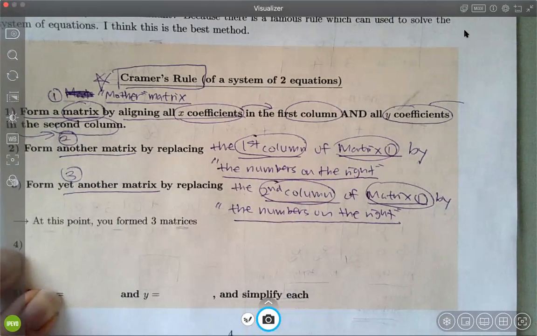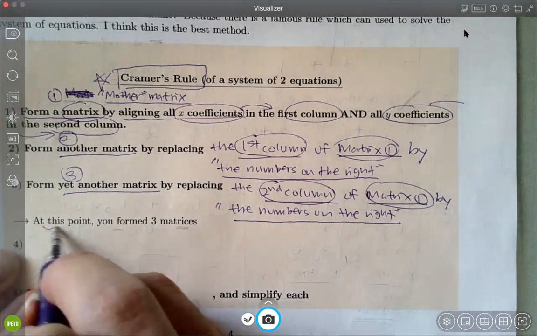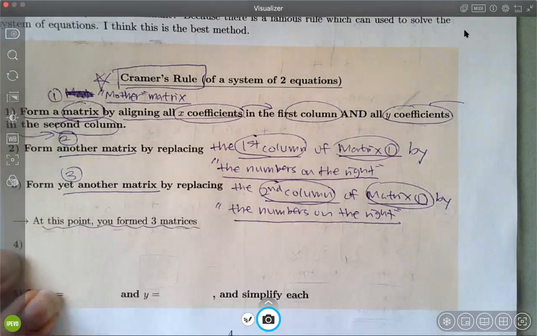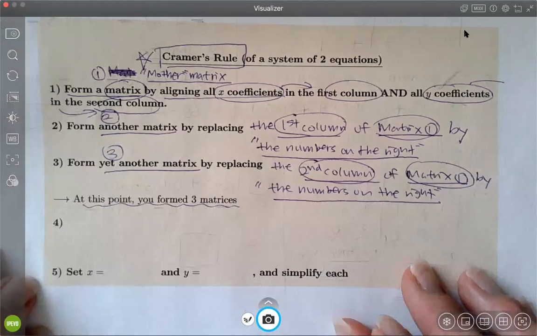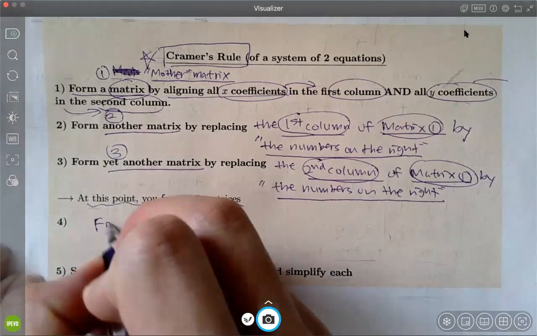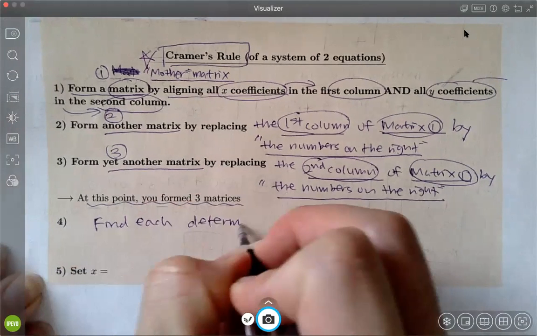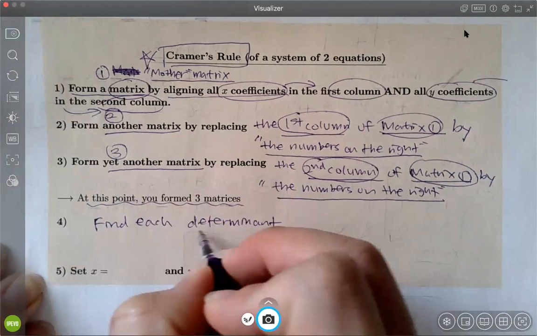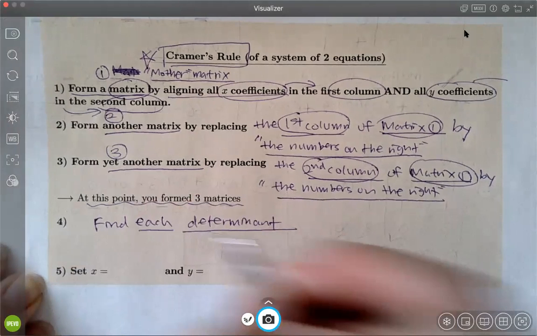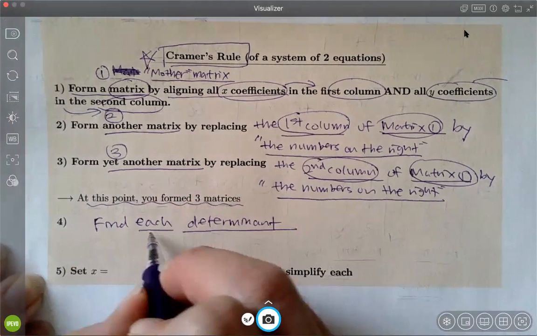At this point, we have formed 3 matrices. And now, step number 4, find each determinant. Here the keyword is each. Why did I say each?